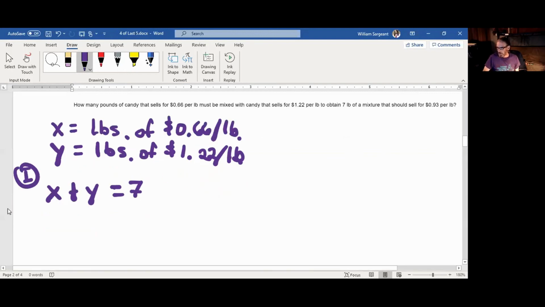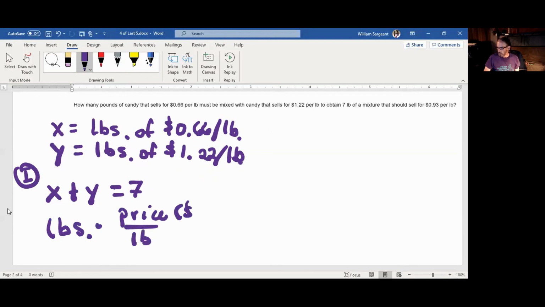On the other hand, to get the second equation, I'm going to use the fact that the number of pounds times the price per pound, price in dollars, is going to give us dollars.